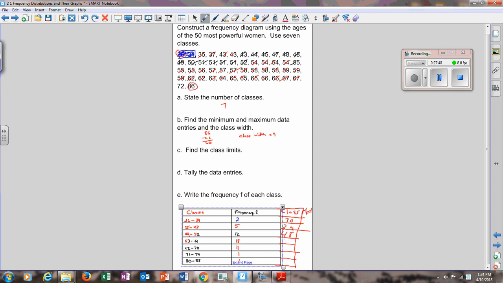Add 9 to this. This will be 57. And 66. 75. And 84. Does that make sense to everybody? Because to go from this lower limit to this one is 9. So you're going to add 9 from your lowest class mark to get to the next one and all the way down.